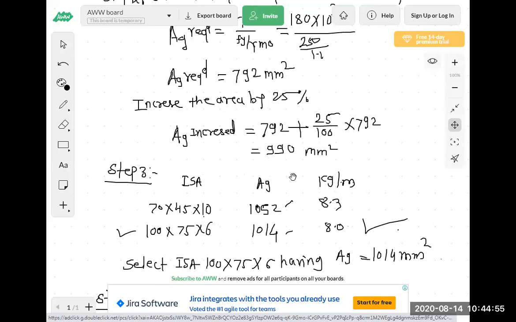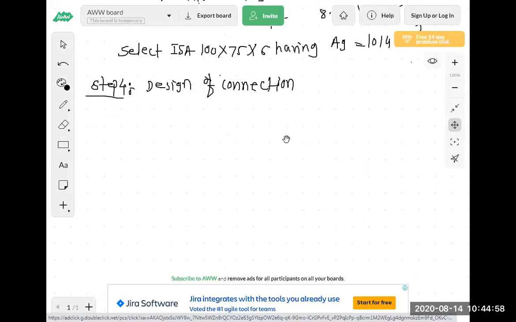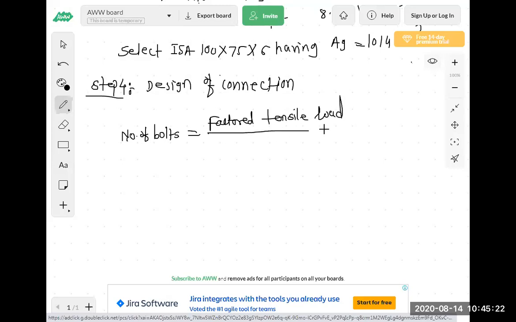Now they have given the diameter of bolt, so we have to design the bolted connection. What is the procedure for bolted connection? We have to calculate the number of bolts. Number of bolts is equal to factored tensile load divided by design strength of bolt.